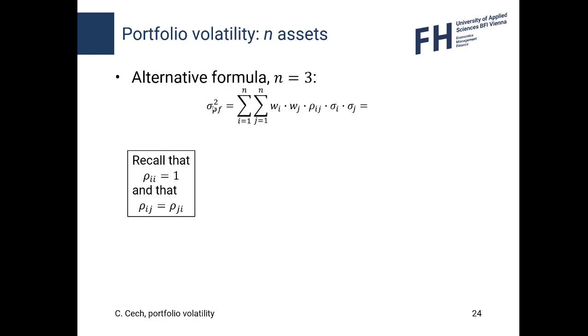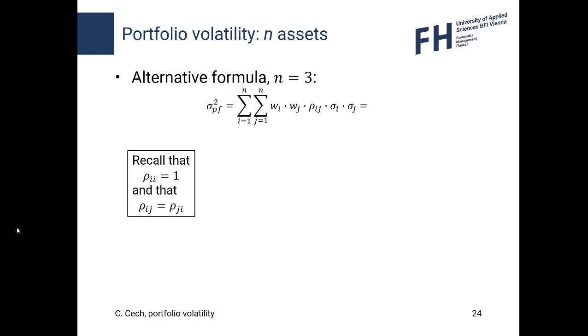So we say here that the portfolio variance is equal to this formula. We already understand what it means if we find two sum signs beside each other.